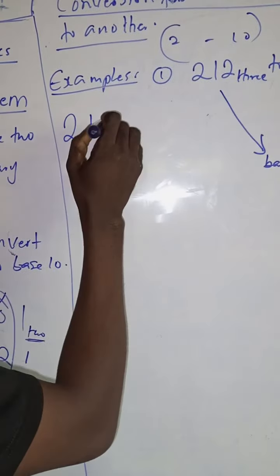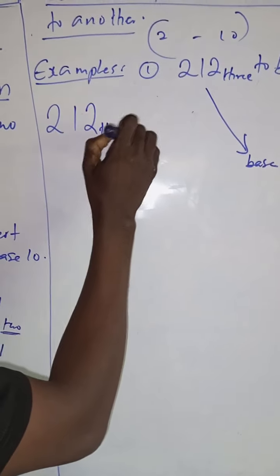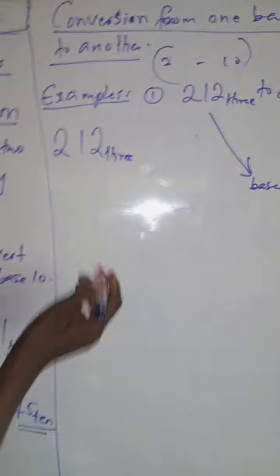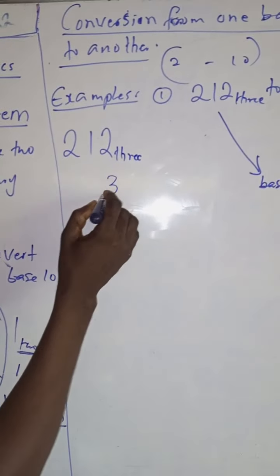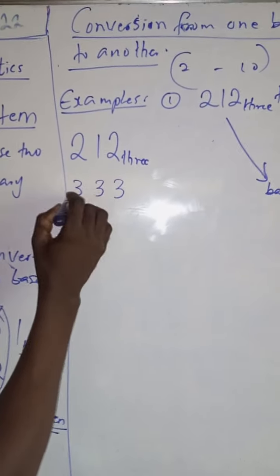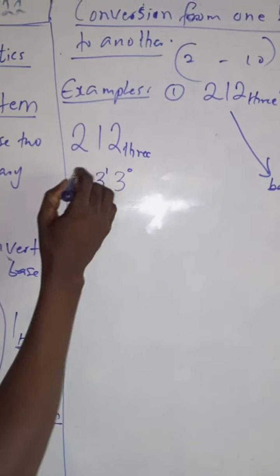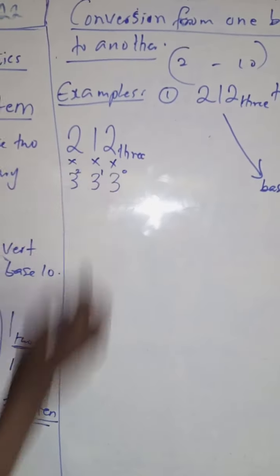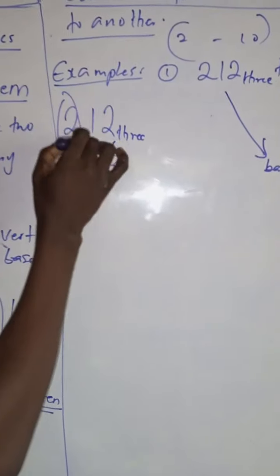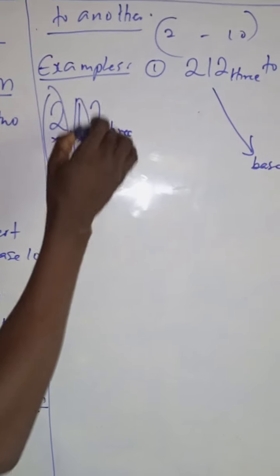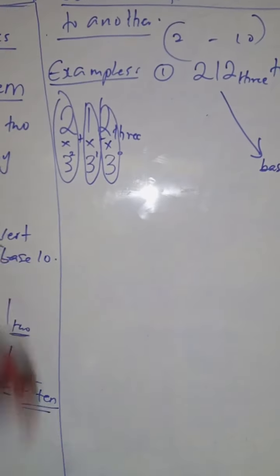Very simple. Let's solve it this way. 212 base 3. Let me come to base 10. Like I said, my 3 will be here, 3 here, 3 here, with power 0, 1, 2. Multiplication, multiplication, multiplication. So all this plus all this plus all this. Very simple.